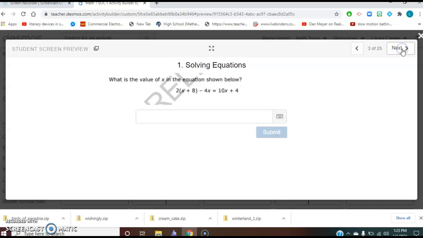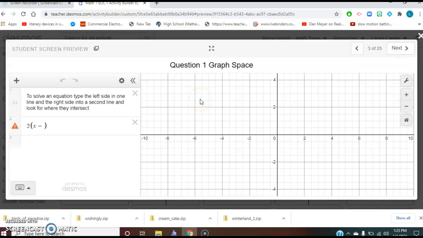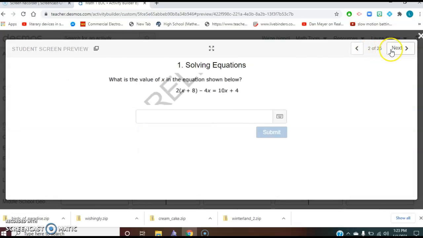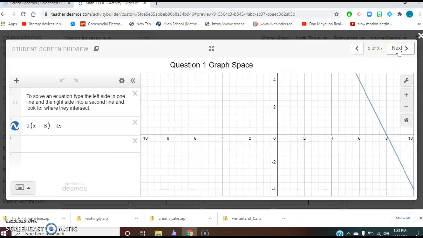Oh, x plus 8 minus 4x. So that was before the equal sign, so it goes into one line. And then 10x plus 4 goes into the other line.